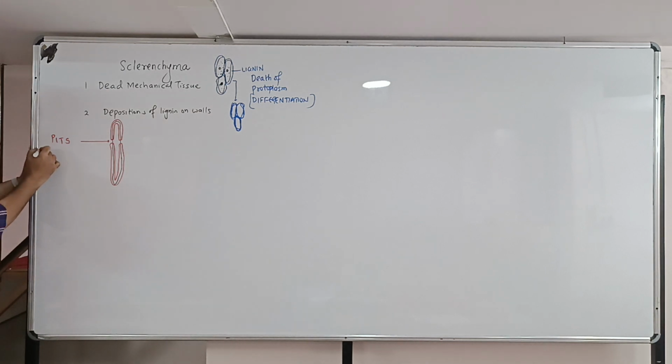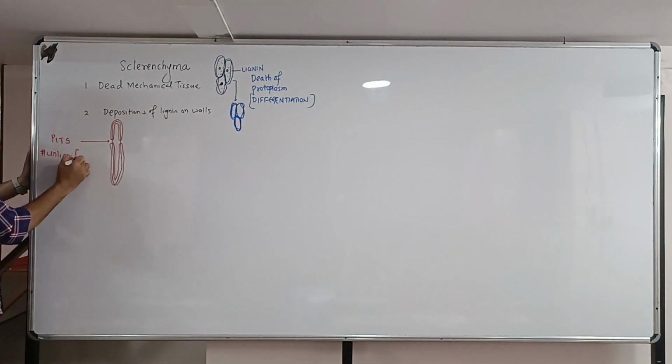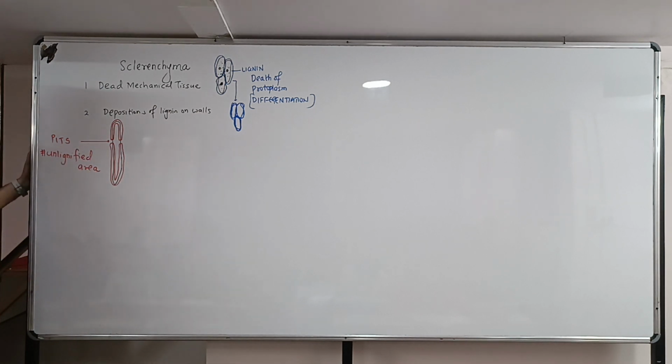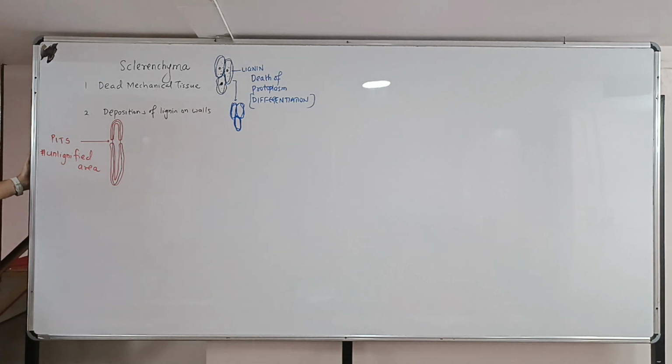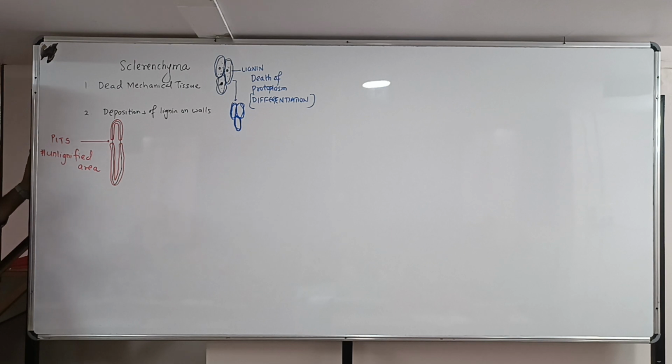So what is a pit? It's an unlignified area. What's a pit, Bachelo? It's an unlignified area. So if you are asked, is a pit a pore, the answer is no. It's an area where the lignin is absent.